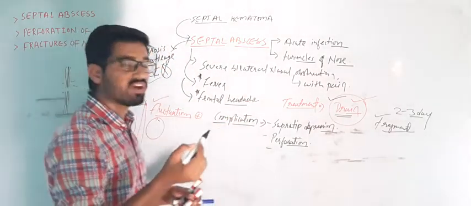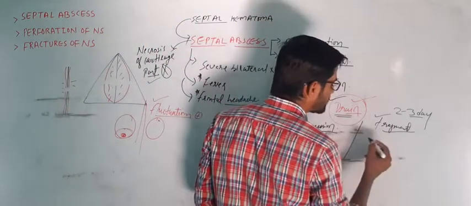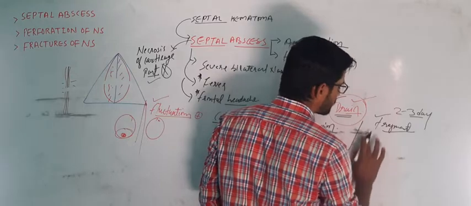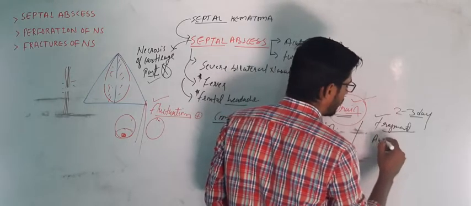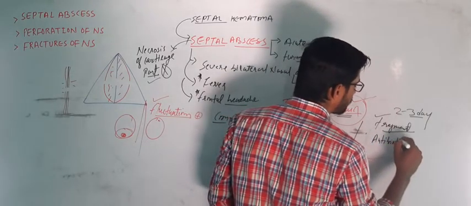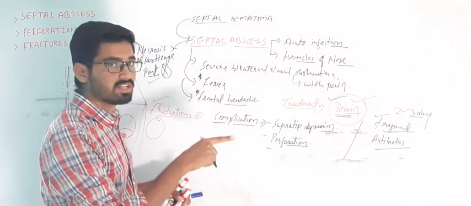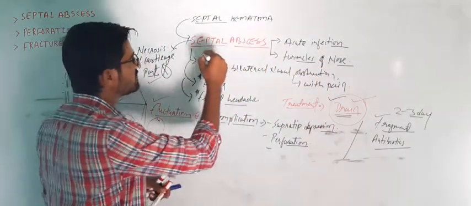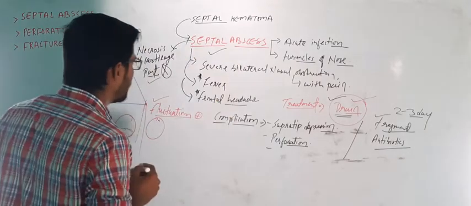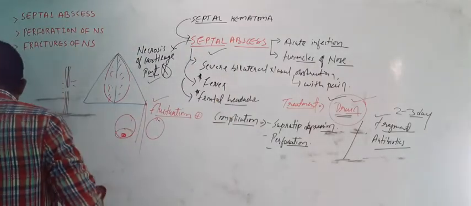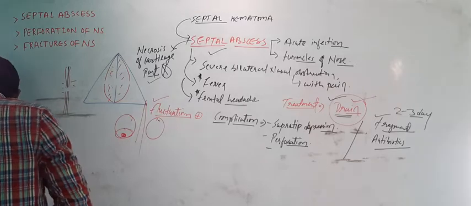And after that, what we have to give in the treatment is antibiotics. Antibiotics we should give as soon as possible once the diagnosis has been confirmed. So this is all about the septal abscess.